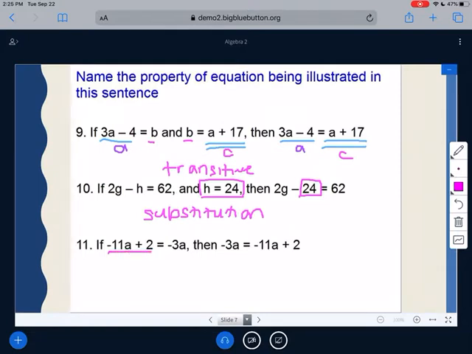If negative 11a plus 2 equals negative 3a, then negative 3a equals negative 11a plus 2. Left equals right, then right equals left is symmetric.